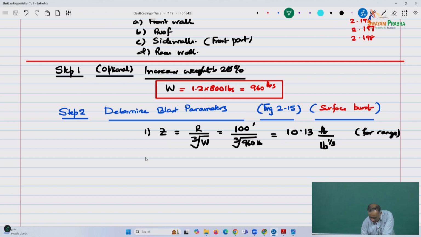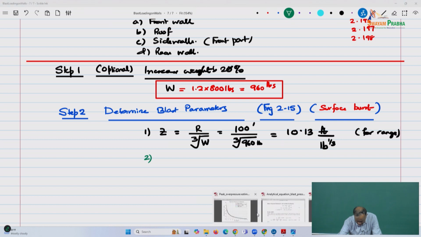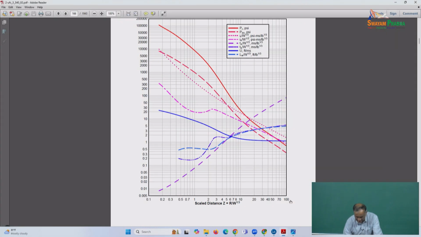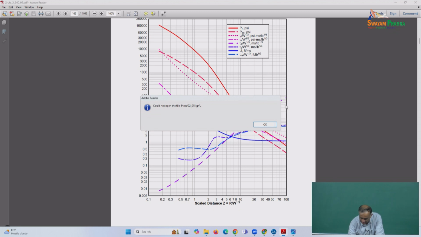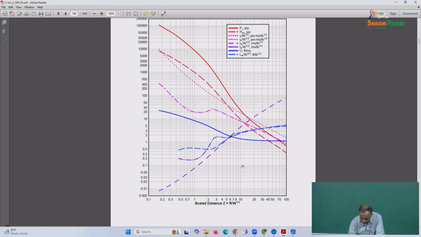So I can pull that up, for example. Let's just have a look at it so that you're familiar with it. So if you see, Z is somewhere here. So you have your side-on pressures somewhere at Z of 10.